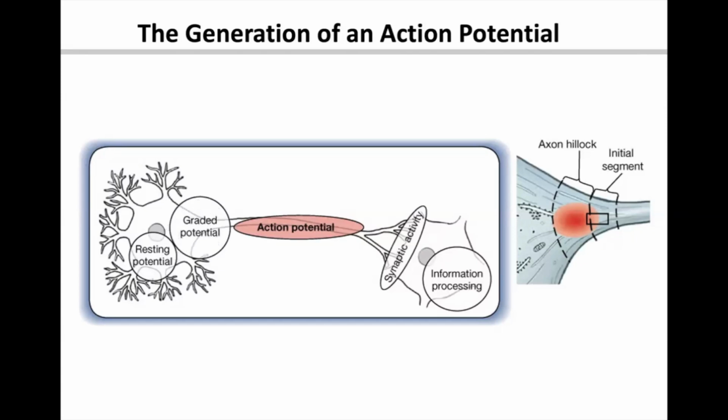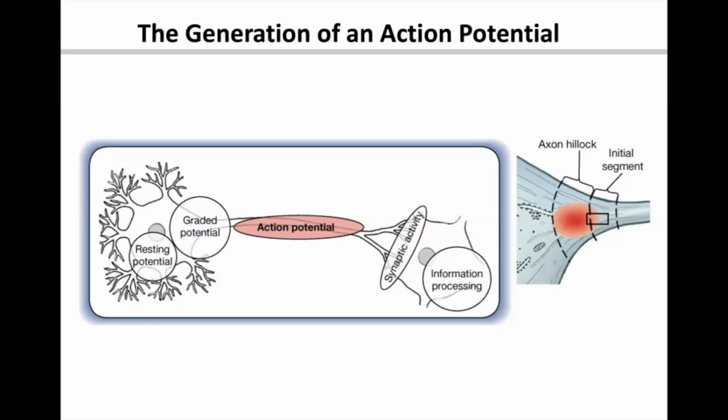So the question is, what is in the axon hillock that an action potential is created? Most of the soma, which is the cell body in here, has about 50 to 75 channels per square micrometer, not dense enough to generate an action potential.